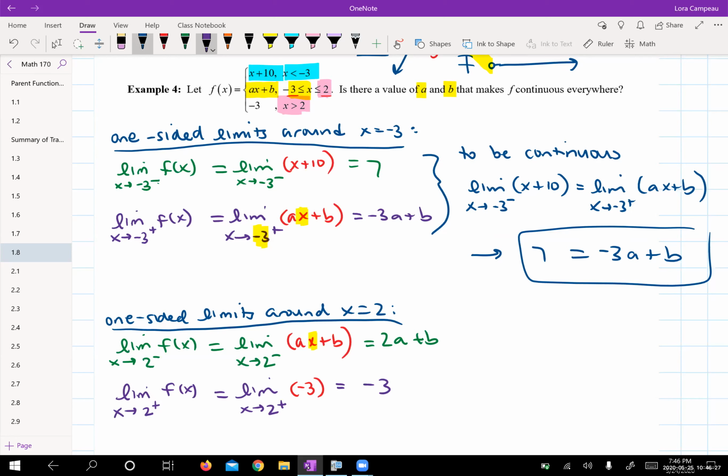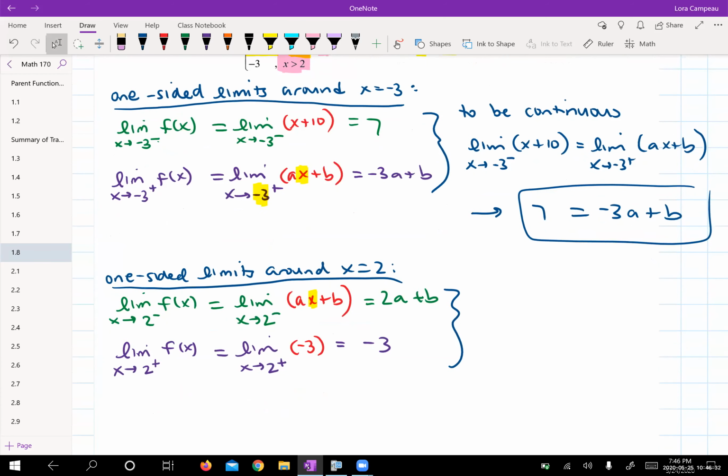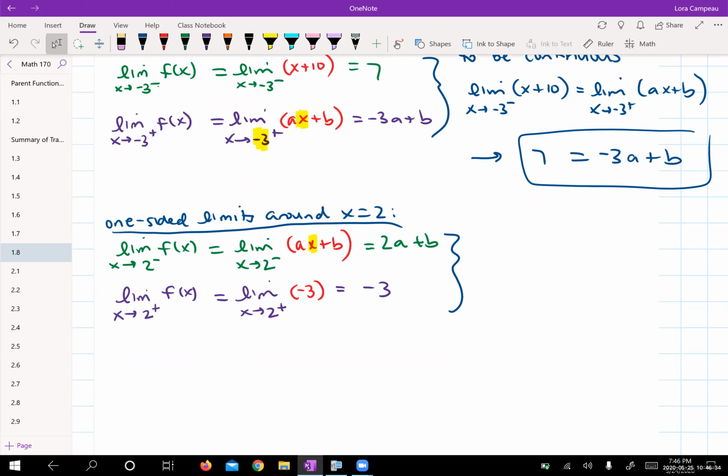And then with the same argument, in order for the piecewise function to be continuous at x equals 2, we would have to say the limit as x approaches 2 from the positive side has to be the same as the limit as x approaches 2 from the negative side.